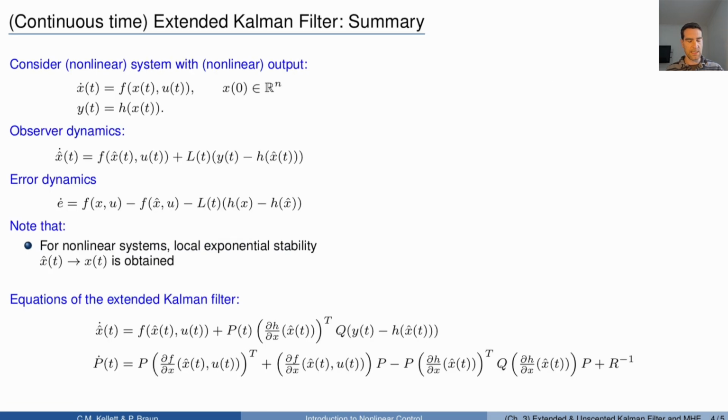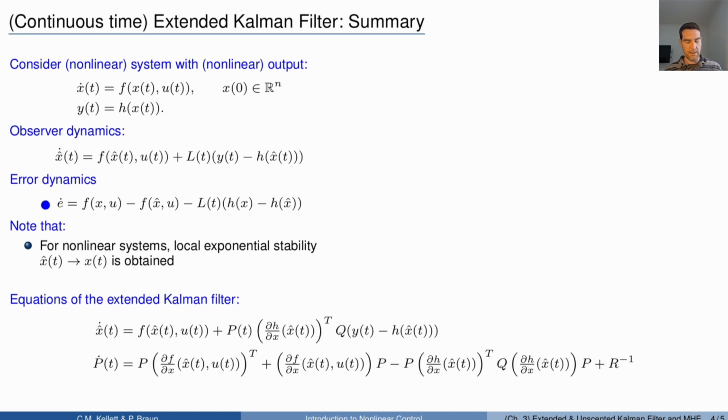So if we want to summarize these steps, or the important equations of the extended Kalman filter here, then we have started with this nonlinear system. We have introduced observer dynamics of this form here, where we still had to design the output injection term L. Using these three equations here, we could formulate the error dynamics.